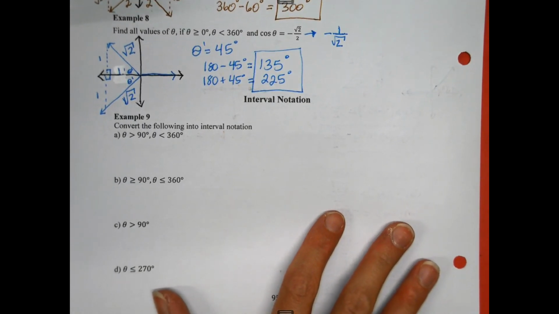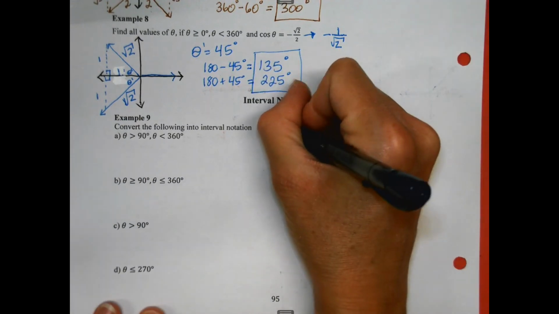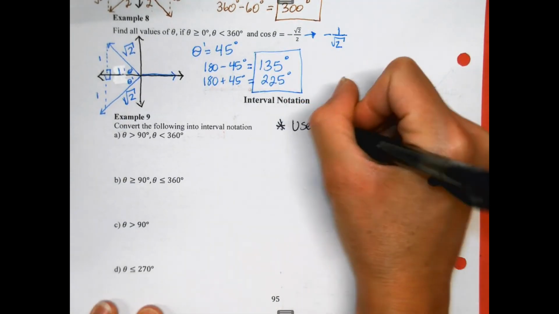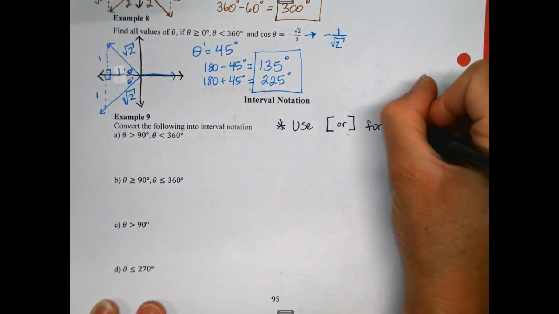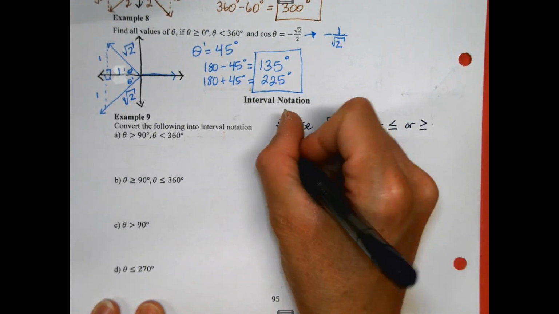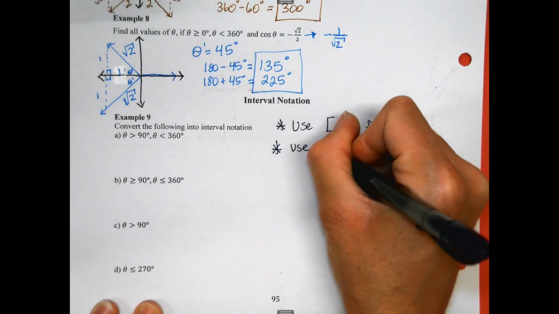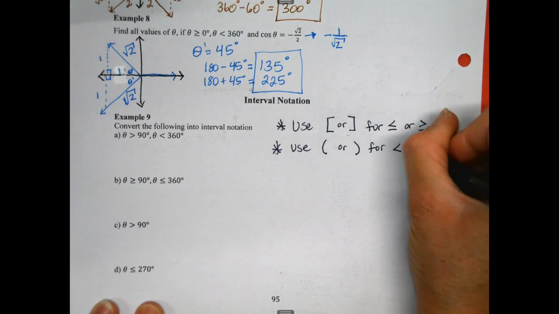Interval notation. Sometimes we will see interval notation, so we need to make sure that we understand what it is talking about. For interval notation, we are going to use brackets if we have less than or equal to or greater than or equal to. And we use parentheses if we have less than or greater than.